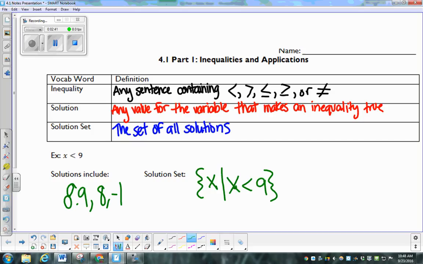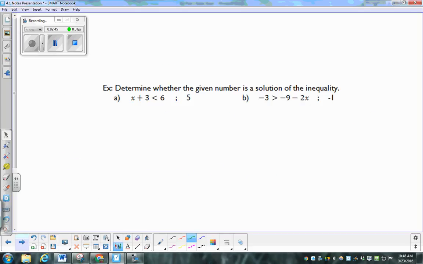So we're going to do an example next. For example, determine whether the given number is a solution of the inequality. So our first problem here says x plus 3 is less than 6, and we want to test if 5 is a solution. So all we do to test that is we substitute 5 in for x.